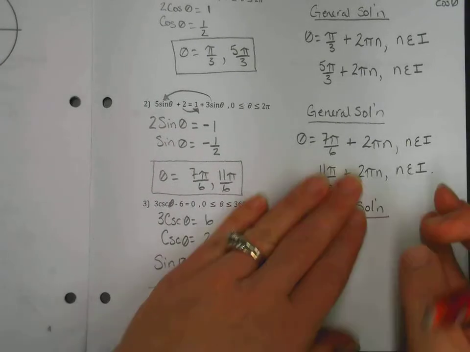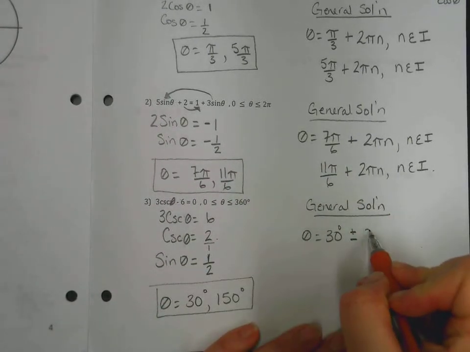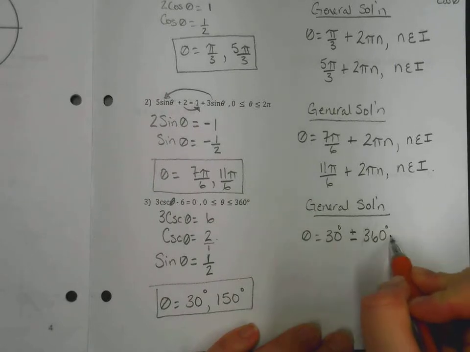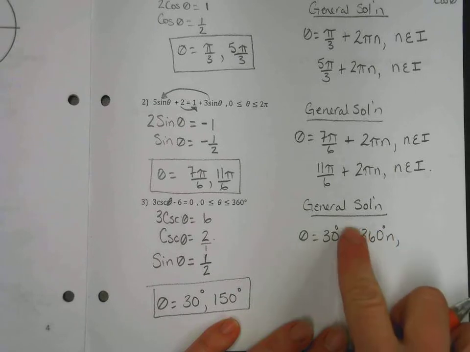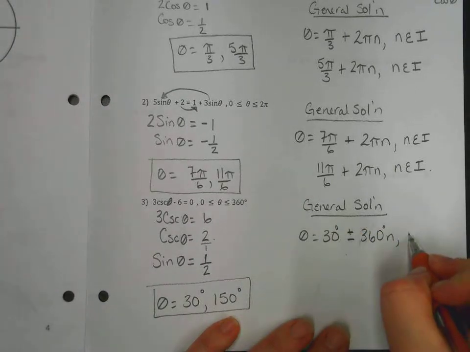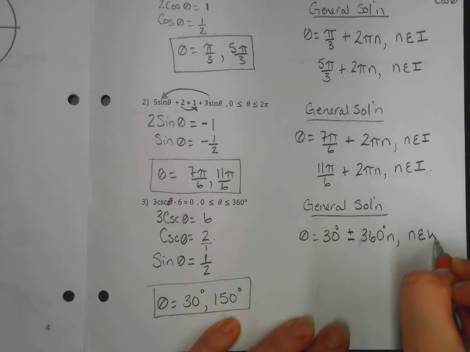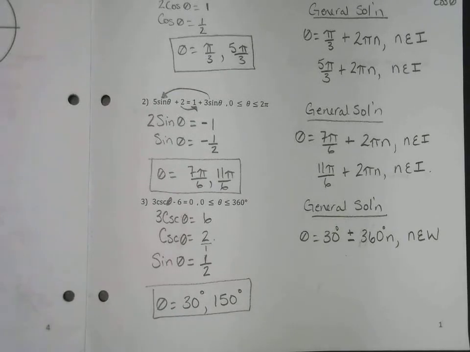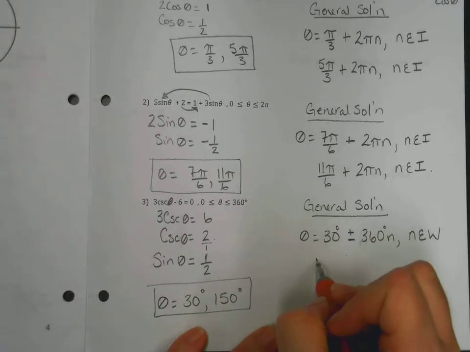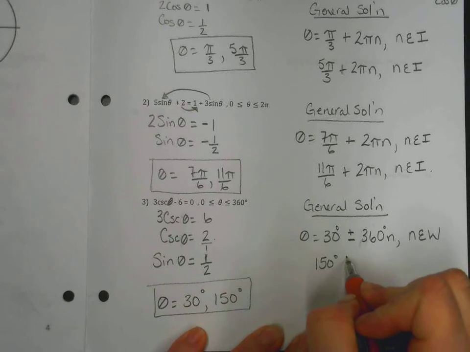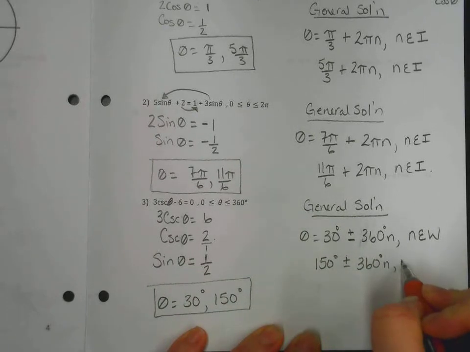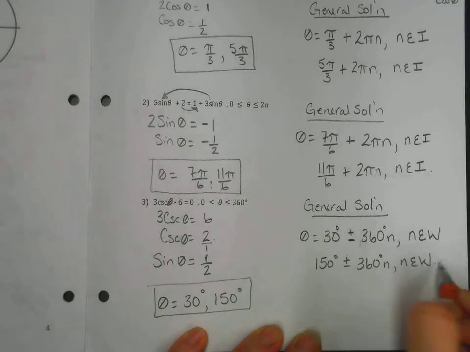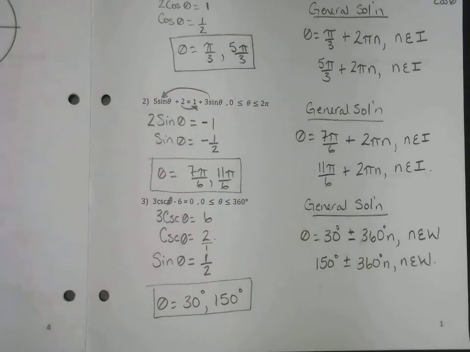We're going to add or subtract 360 degrees times n. And instead of n belonging to the integers, because I'm adding and subtracting here, n would have to belong to the whole number system. My other solution would be 150 degrees plus or minus 360n, where n belongs to the whole numbers. Okay? All right, so the first 3 were pretty straightforward.